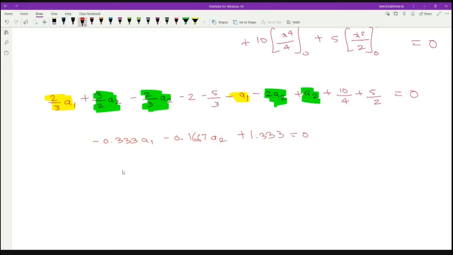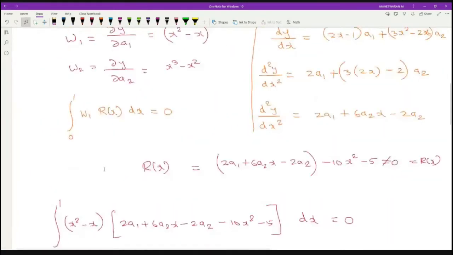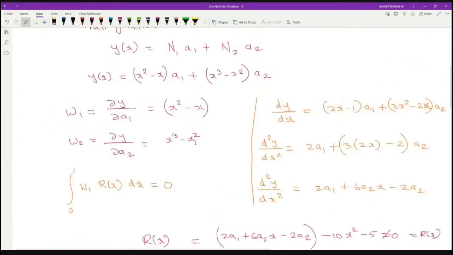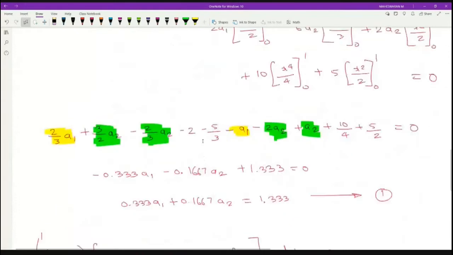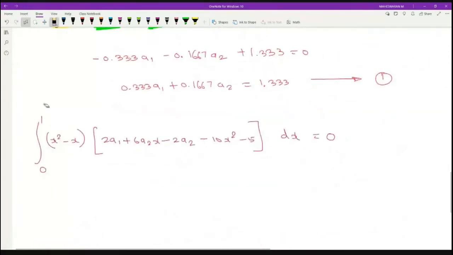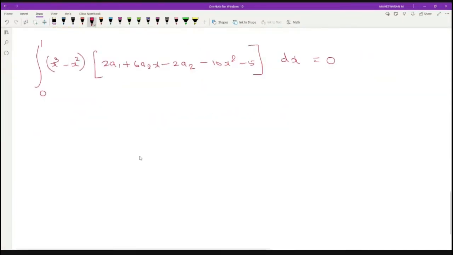Kindly verify. Equation 1. Only thing is there is a change in my W2. W2 is x cube minus x square. So this is x cube and x square. Okay. Right. So now let us multiply it and then we will integrate it.